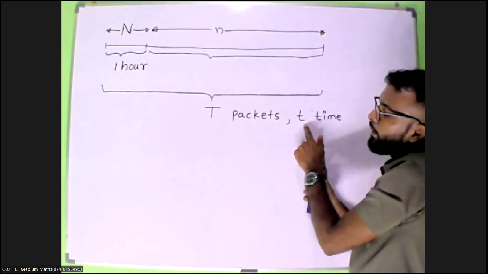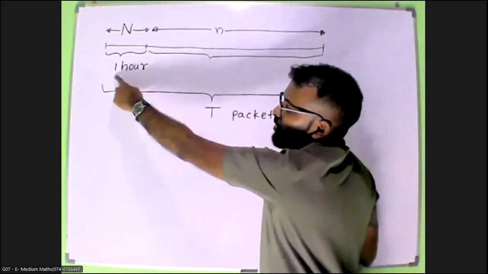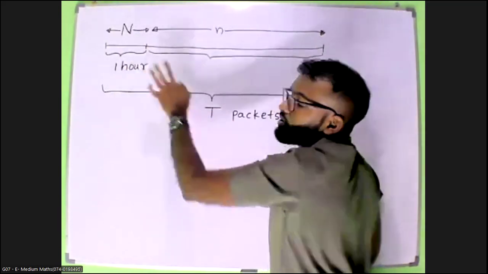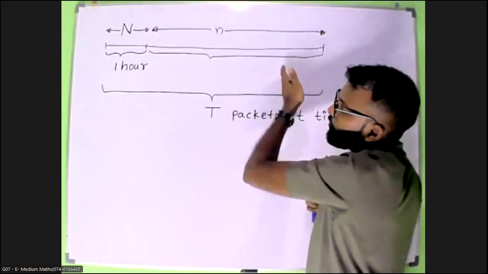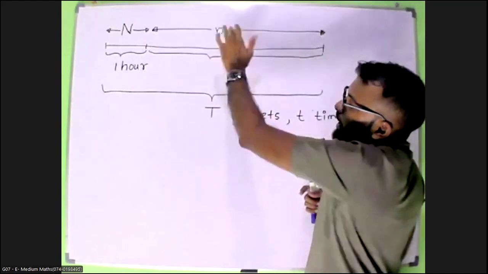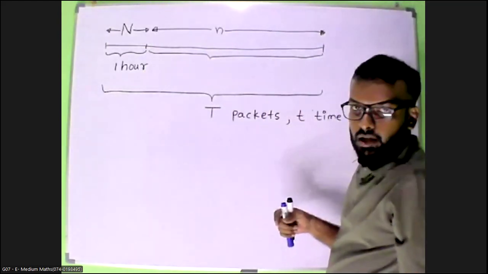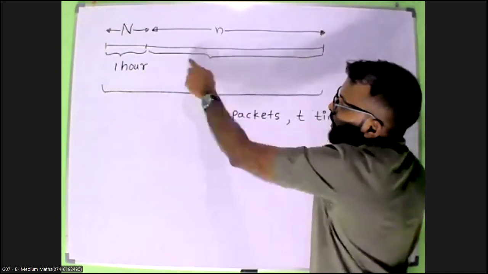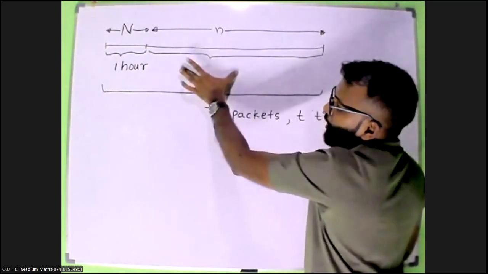Now they have given a specific number of packets in the first hour, and thereafter they are producing n packets. So how do you find this remaining time?